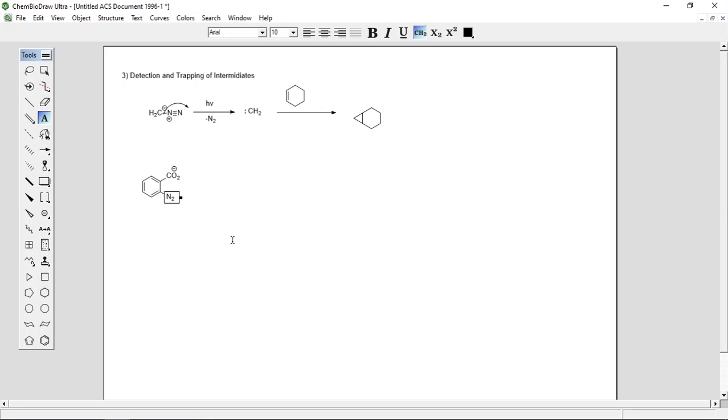In presence of hν light, with loss of CO2 and N2, you will get benzyne as the intermediate.